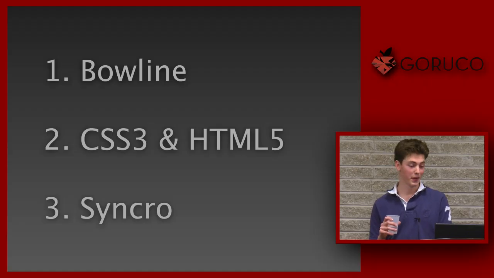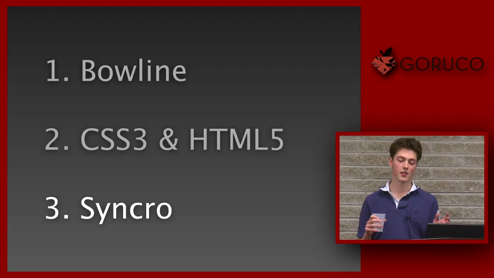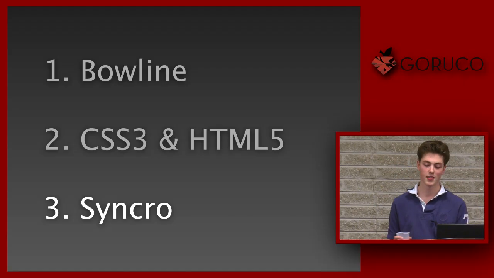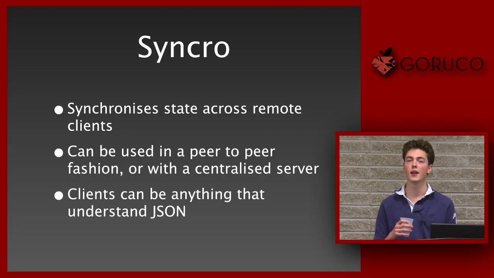So the last bit of my talk is Synchro. I built this for my Bowline apps because I wanted a way to synchronize the local desktop with the remote servers and also let them work offline. If you have seen the MagLev demos of two different instances of Ruby talking to each other, it's a similar concept.